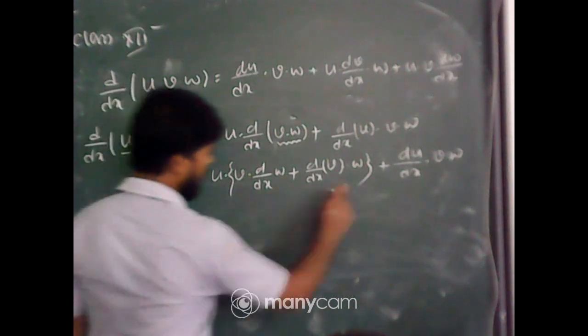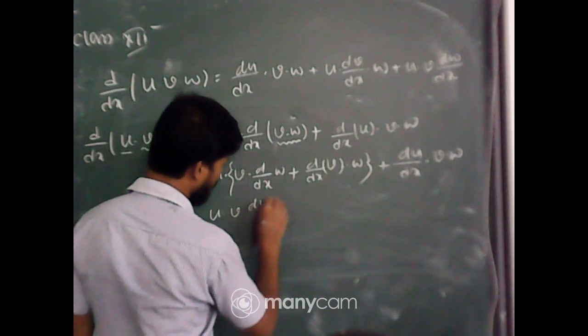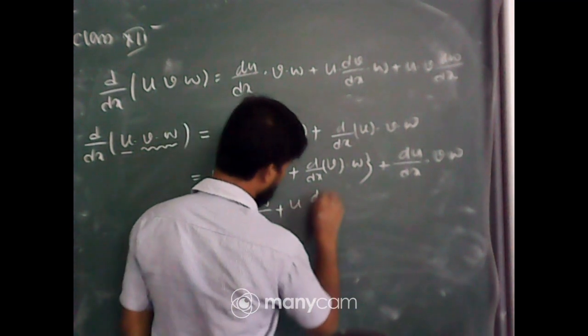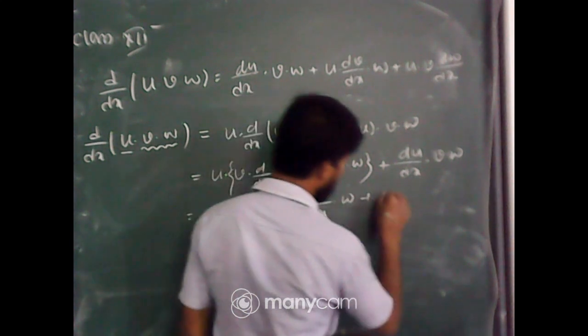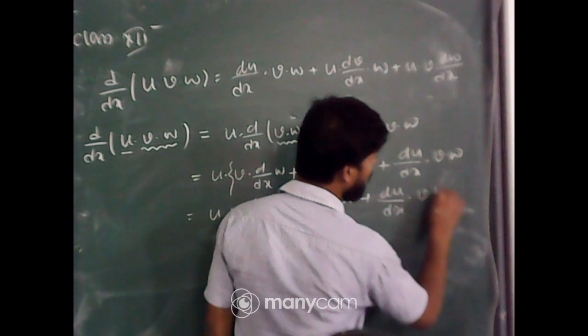Now remove the bracket, so we have u into v into dw dx plus u into dv dx into w plus du dx into v into w.